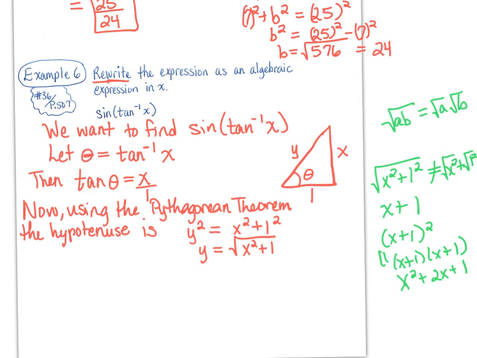All of that to say we found our hypotenuse. We got y equal to the square root of x squared plus 1. Now we're in good shape because sine of tangent inverse of x is the same thing as sine of theta.